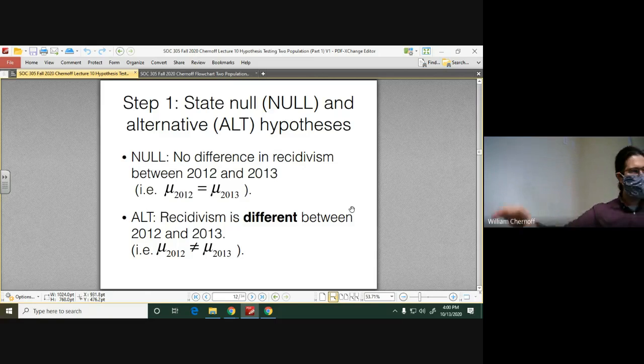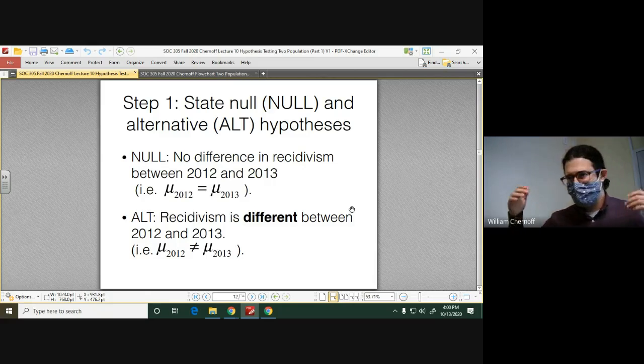So the point here is that in your mind, think about a doubting scientist. Think about someone who's very skeptical, who, until there's a lot of evidence, is always going to say nothing is happening, and that the groups are the same.